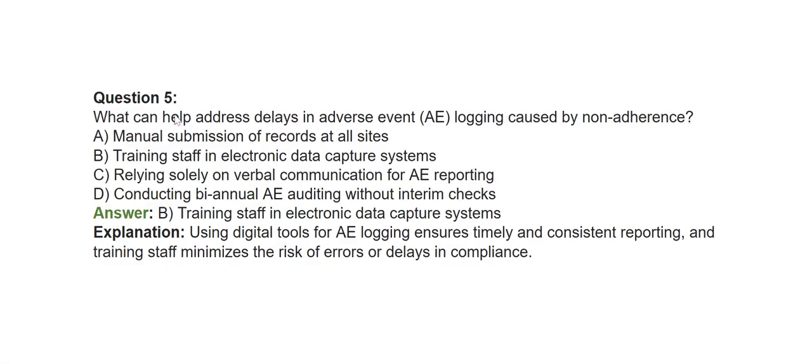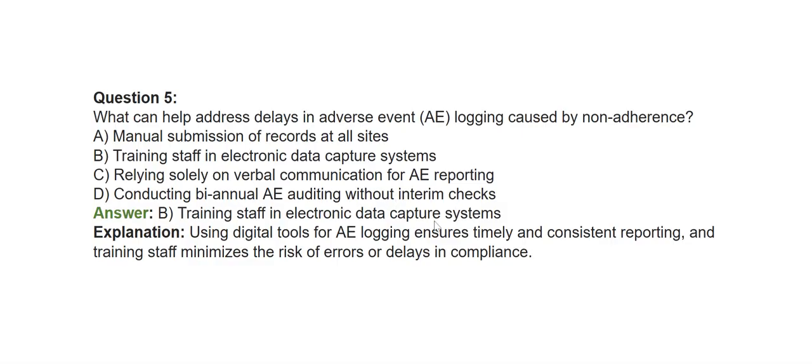Question 5: what can help address delays in adverse event, AE, logging caused by non-adherence? Is it A, manual submission of records at all sites; B, training staff in electronic data capture systems, EDC systems; C, relying solely on verbal communication for AE reporting; or D, conducting biannual AE auditing without interim checks?